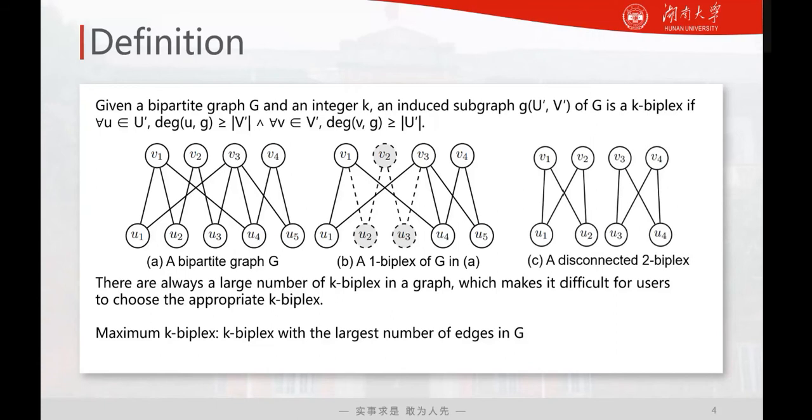Note that the graph shown in Figure C is a disconnected biplex. So to avoid this situation, we also stipulate that the number of vertices on both sides of the k-biplex must be greater than 2k.